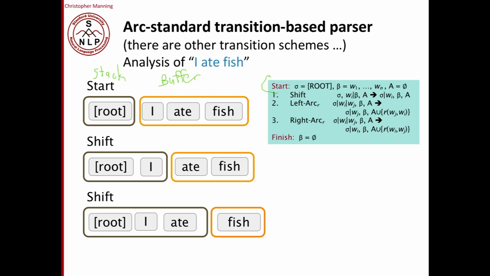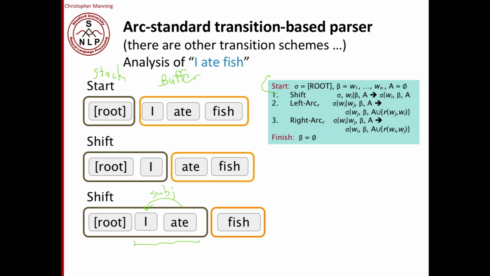Okay, and so at this point, I'm in a position where what I'm going to do is reductions that build structure, because look, I have "I" and "ate" here, and I want to be able to say that "I" is the subject dependent of "ate", and I will do that by doing a reduction.